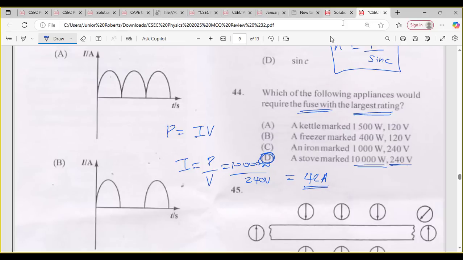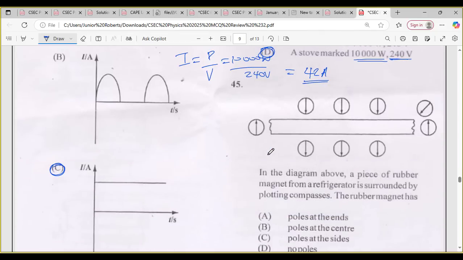So that's 44. 45 now says, in the diagram above, a piece of rubber magnet from a refrigerator is surrounded by a plotting compass. In this case we see that our plotting compasses are pointing to the sides. The needle of the compass always points towards or away from the poles of the magnet.